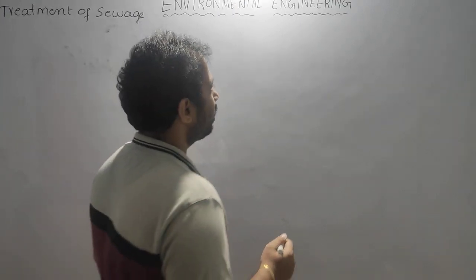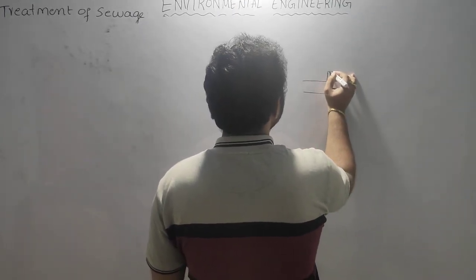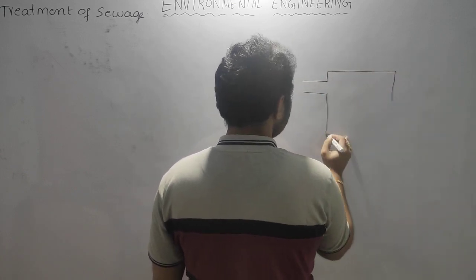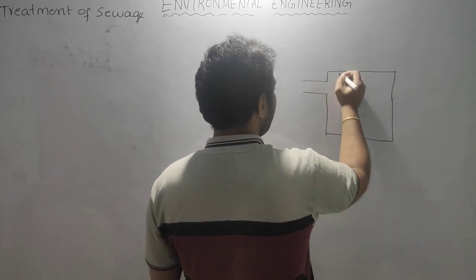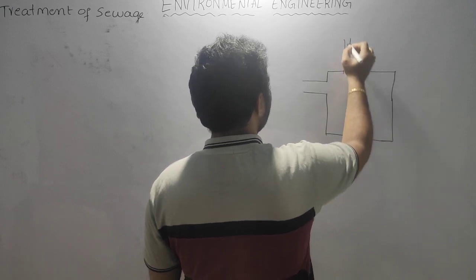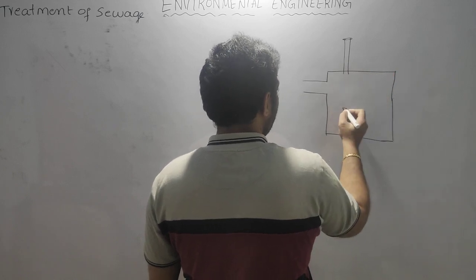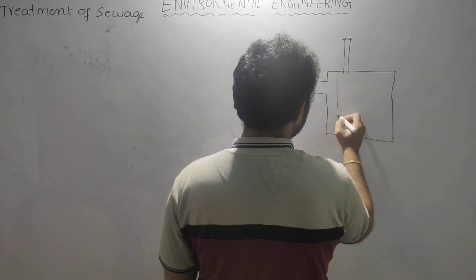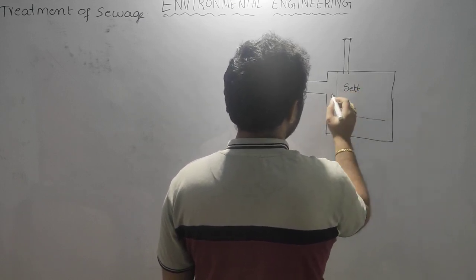So if you look at the septic tank, this is the influent. There will be a long pipe to trap the gases. This is the settling zone, somewhere up to here.